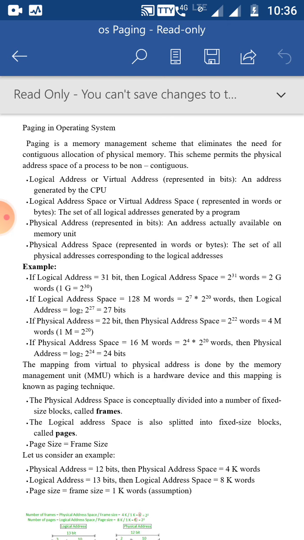Now let us understand the logical address. There are 3 logical addresses generated by the CPU. For your understanding, 62, 37 and 12.